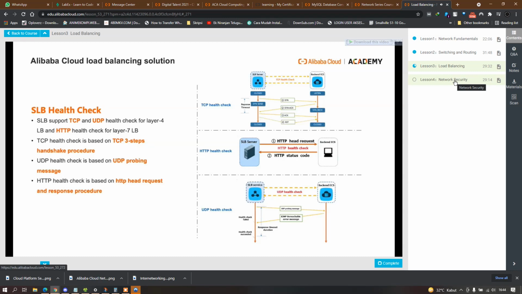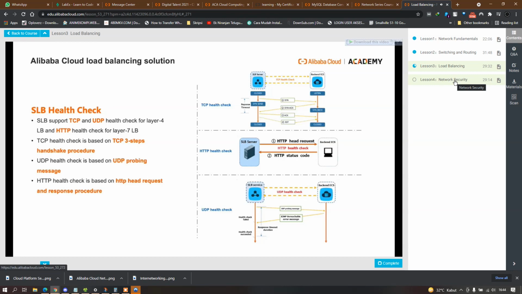And the UDP health check is based on UDP probing messages, just like when we use ping to send ICMP packets to check whether the backend ECS instances can respond normally to the SLB instance. If we cannot get a response message, it means the backend ECS instance is unreachable, so we know that the backend ECS server is not working normally.